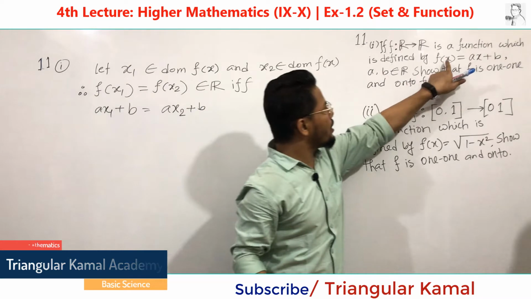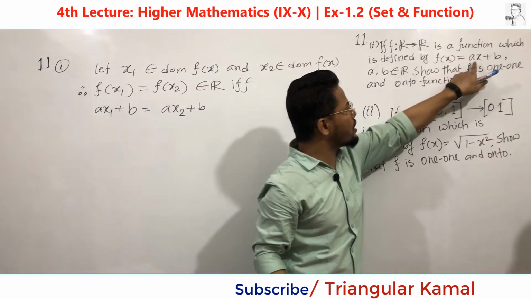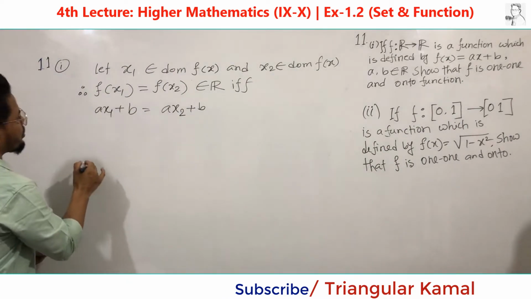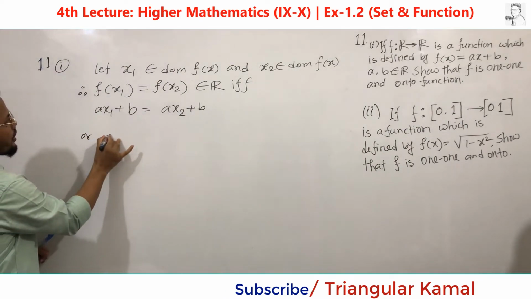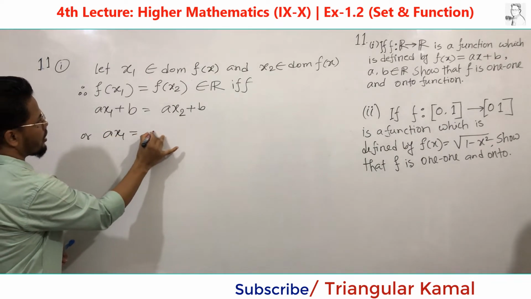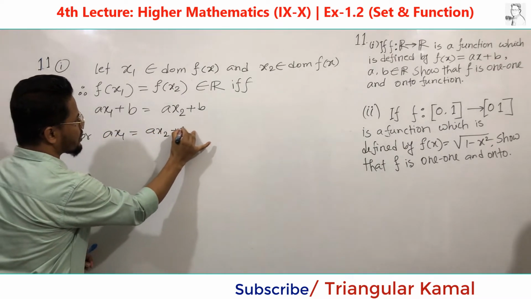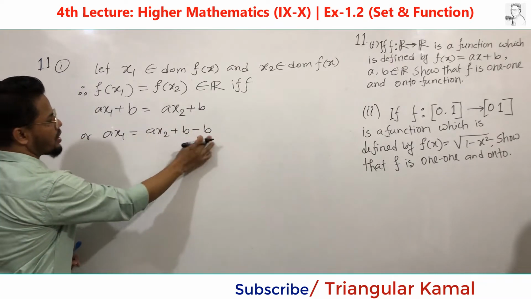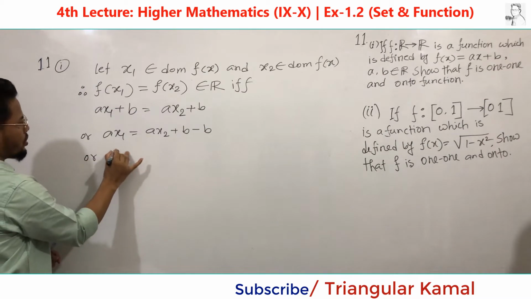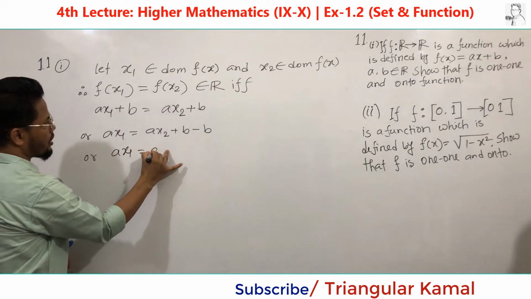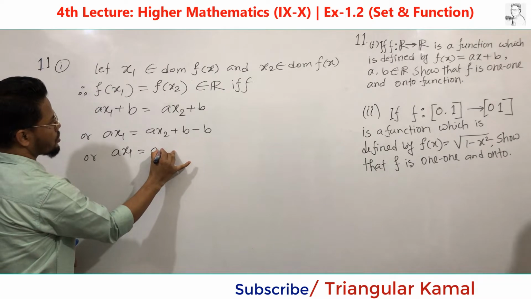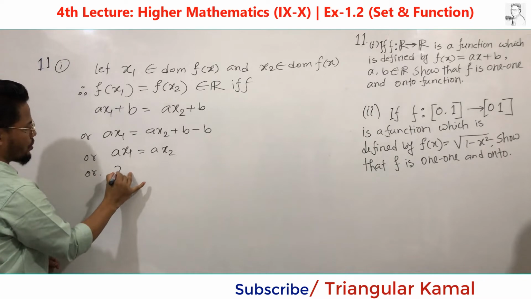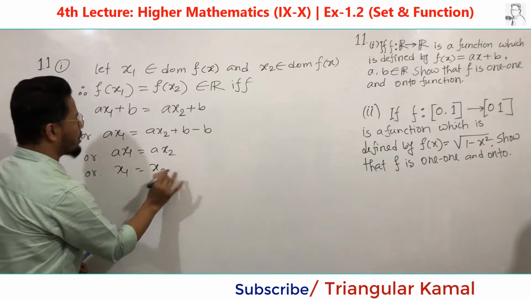Just we applied here x equal x1 the first time, then x equal x2 the second time. Now do simple calculation here: ax1 plus b equal ax2 plus b, and minus b, changing this b from left side to right side. Now this one will be ax1 equal ax2, and dividing both sides by a, we will get here x1 equal x2.